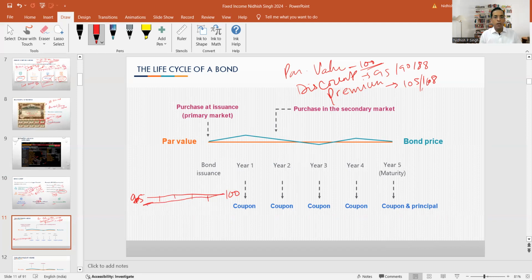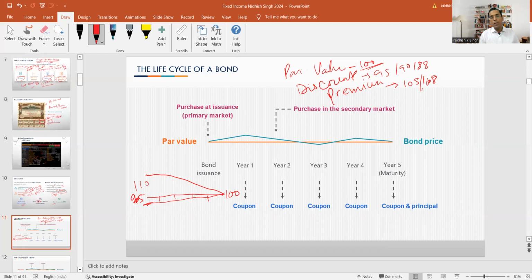So whenever the bond is issued at a discount, it will still lead to face value, which is 100. And if it is issued at a premium, say it is 110, then throughout the life, the price will start to go down and it will end at 100, because at the end it will settle at only 100. So it has to come down to 100 in the entire span of 5 years.